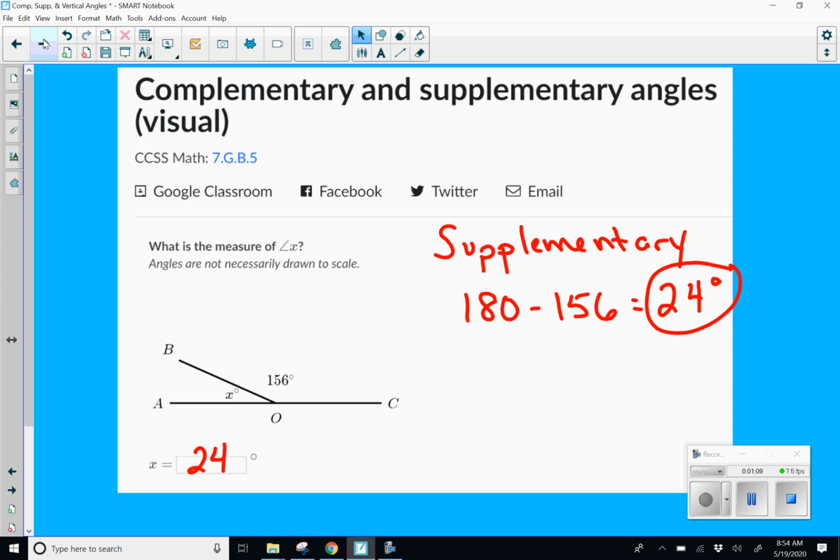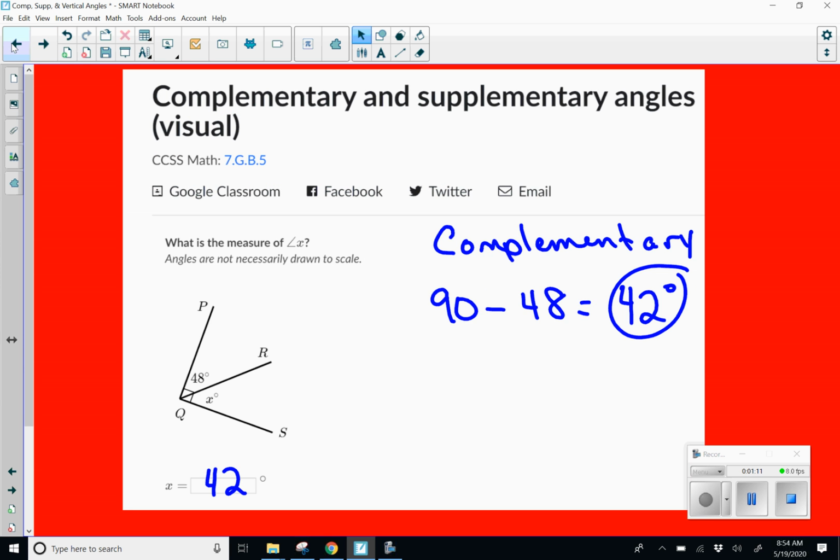Okay, let's take a look at some examples. Here it says, what is the measure of angle x? Well, right here I can see this box, the square, which means that it is a right angle, which makes these complementary angles. We know complementary angles add up to 90 degrees. So all you need to do to find x is simply subtract 48 degrees.